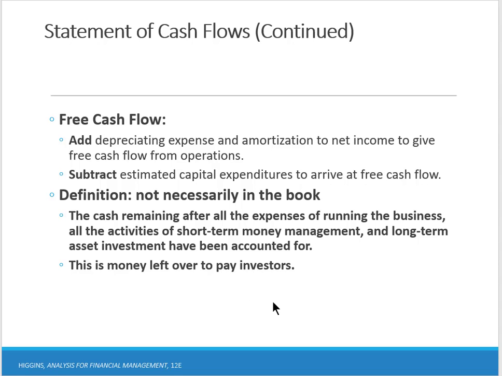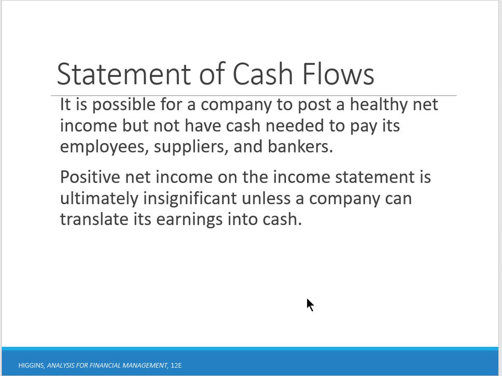So this is money that's left over to pay interest to our creditors and or buy back our debt. And it's money that's left over to either pay dividends or buy back stock. So those creditors and our investors, our owners, are absolutely interested in this free cash flow concept.